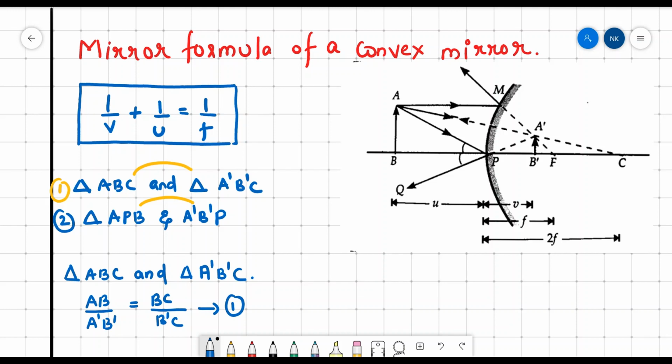Now from triangle APB and triangle A dash B dash P, I can say that AP upon A dash B equals BP upon B dash B. Let this be equation number 2.